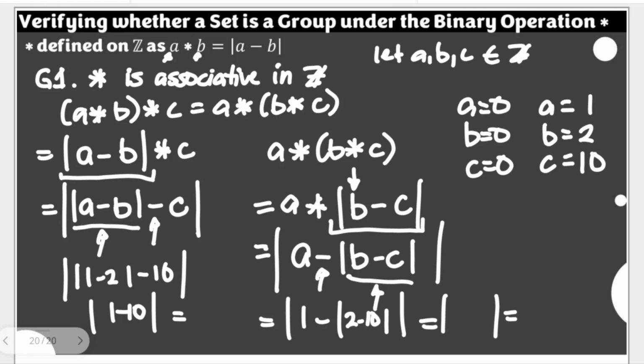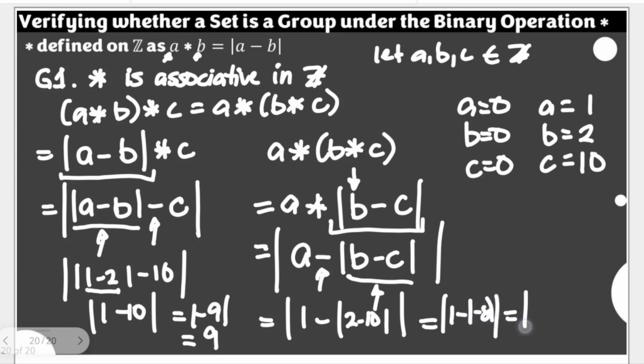Again, 1 minus 2 is negative 1. The absolute value of that is 1, then 1 minus 10. The absolute value of negative 9 gives you positive 9. But on the other side, you have 1 minus the absolute value of 2 minus 10, the absolute value of negative 8.